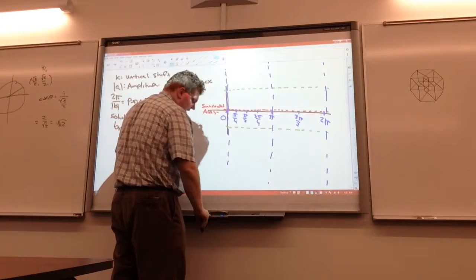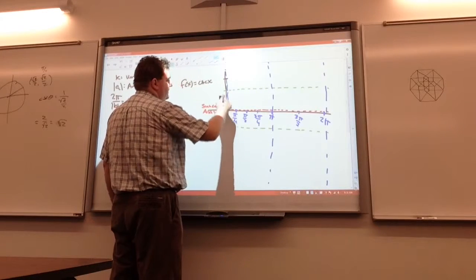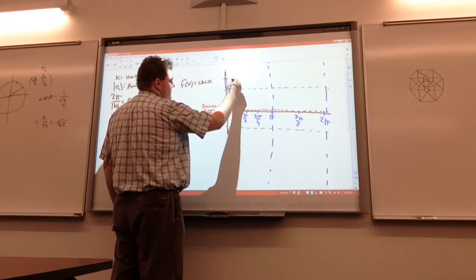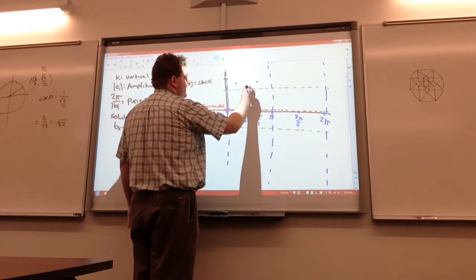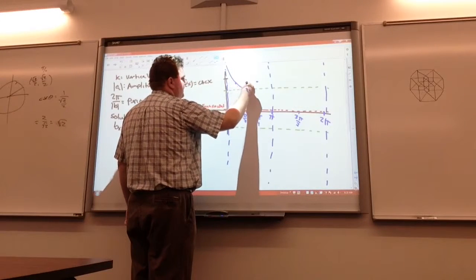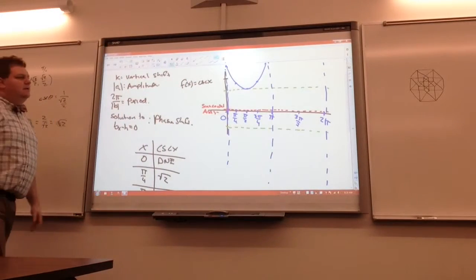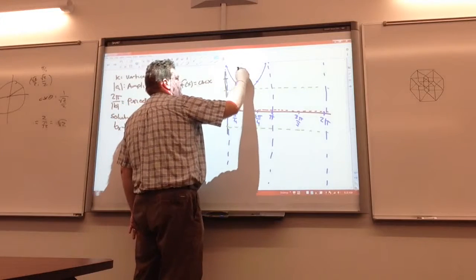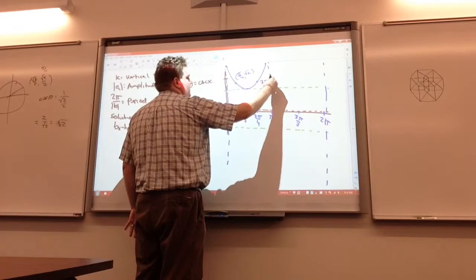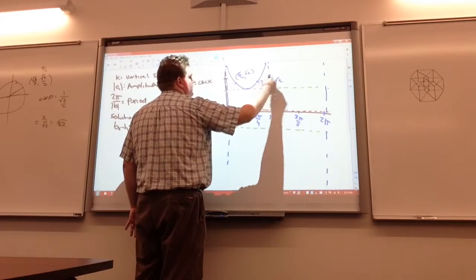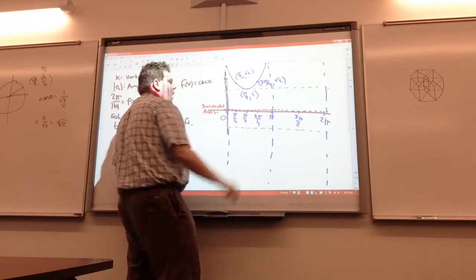Those were equal to about 1.5. So 1.5 would be like right there, and put another one right there. So the thing comes down and forms a curve just like that. Marking these points, this is pi over 4, root 2, 3 pi over 4, root 2, and then pi over 2, 1.